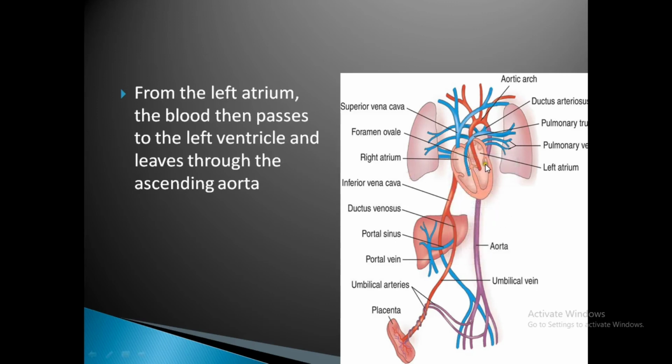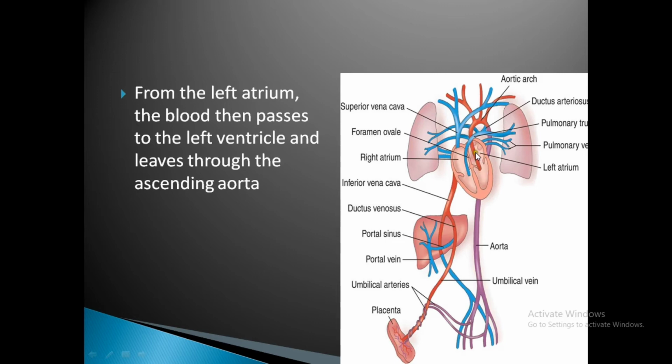From the right atrium, the blood would pass into the left atrium through the foramen ovale. Then from the left atrium, blood would pass into the left ventricle and then leaves through the ascending aorta.